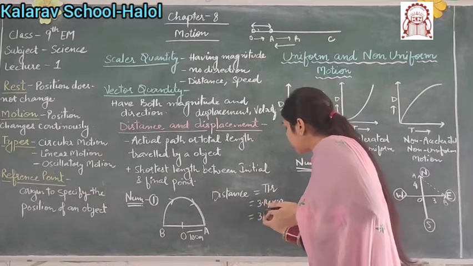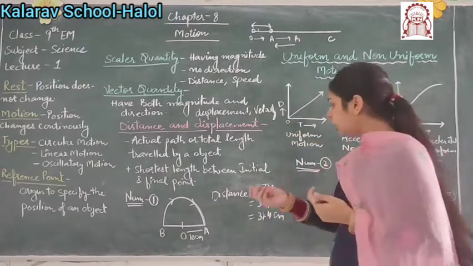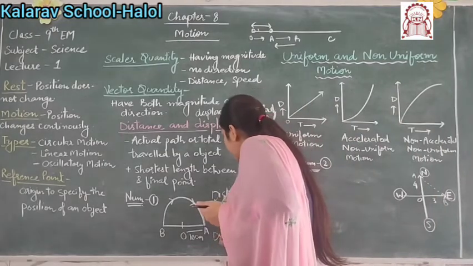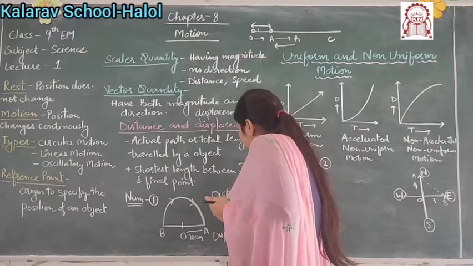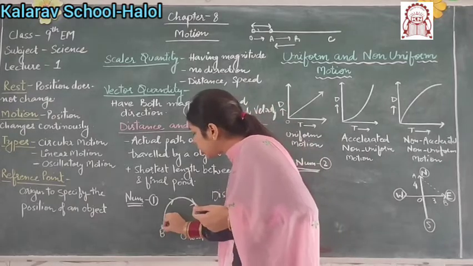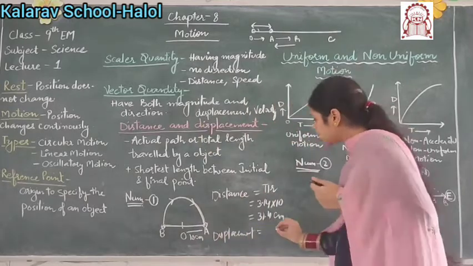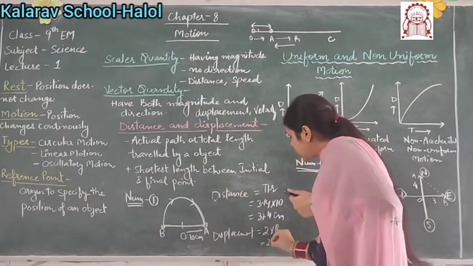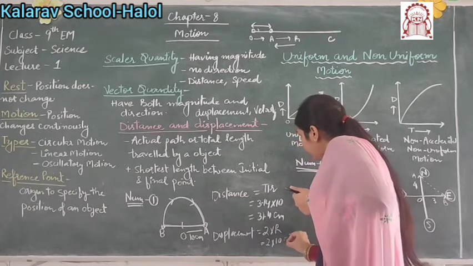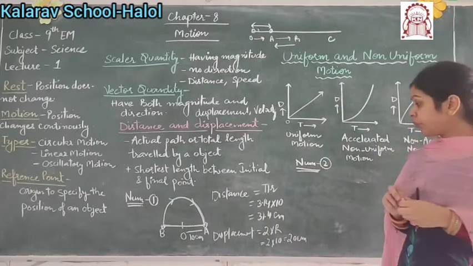So that is 31.4 centimeter. On the other side, displacement is the distance between initial and final point. This is the shortest distance. So it is 2 multiply r, r is radius, 2 multiply 10, it is 20 centimeter. So here is the numerical.